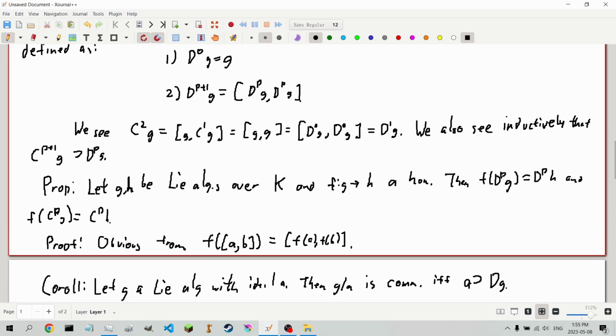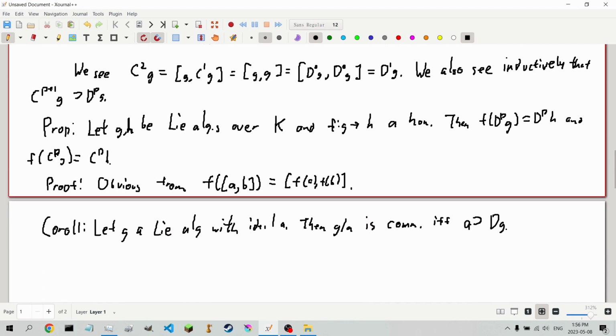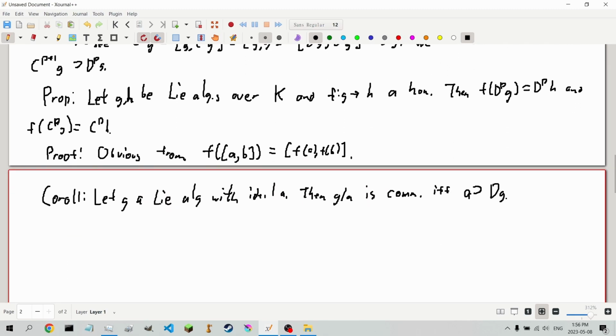And just a reminder, D1 of G is just DG. This is the bracket of G with itself. So if every bracket of G with itself is contained within the ideal you're modding out, it's commutative.